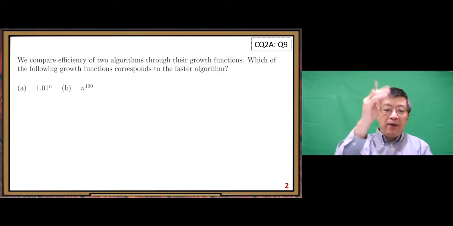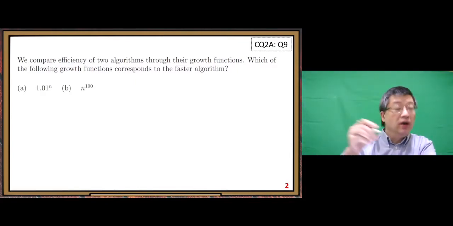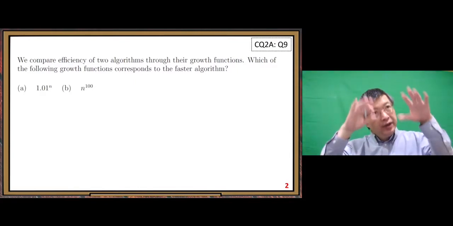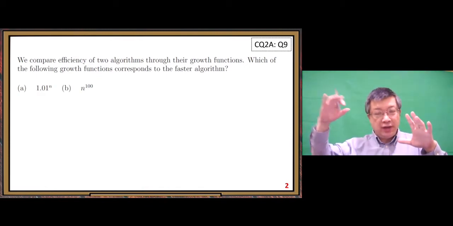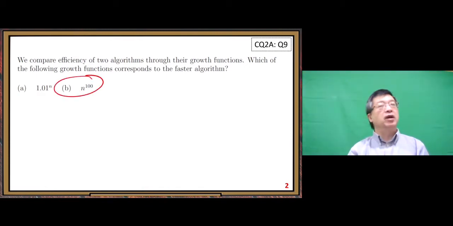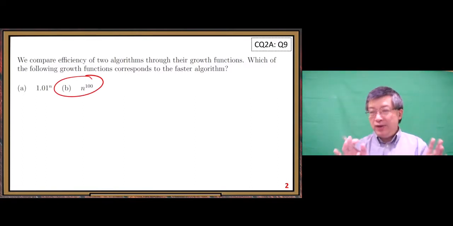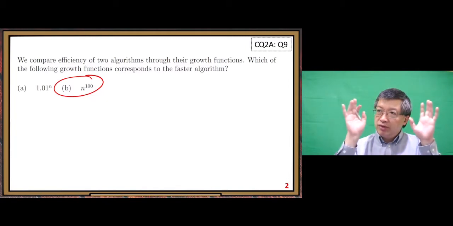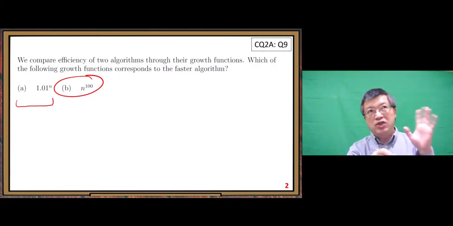CQ2A, question 9. Why did I select this one? Faster means the growth rate is lower. Then we say faster. The answer is this one. Why did I select this one? Because based on my experience, when I gave this question to my students before, a pretty big percentage of the students selected the wrong one.